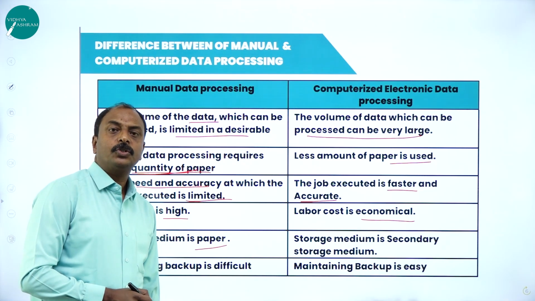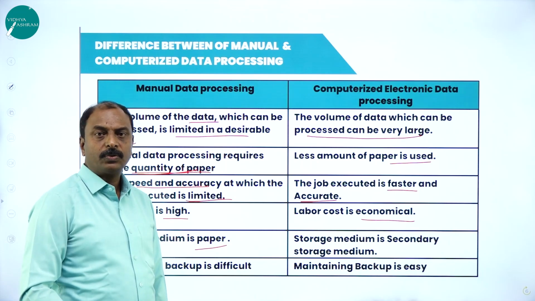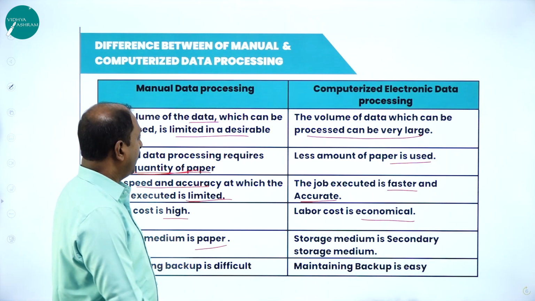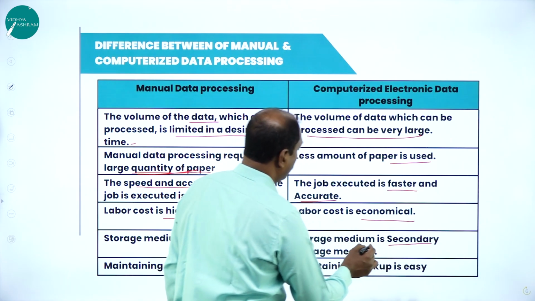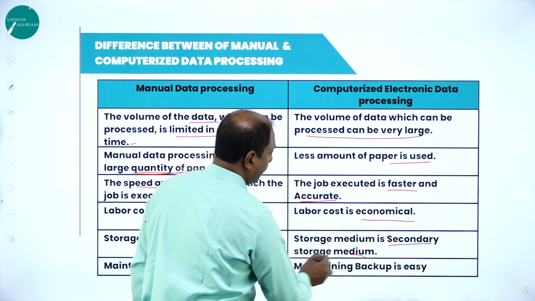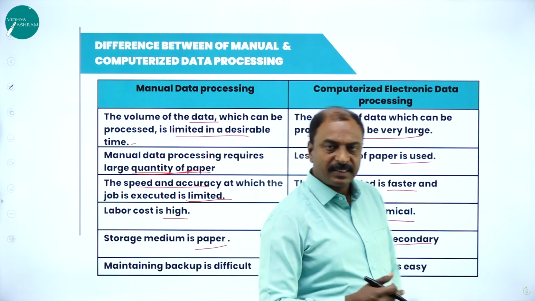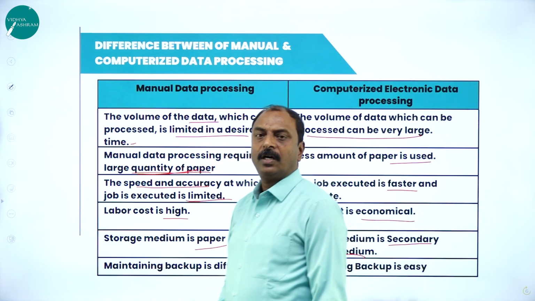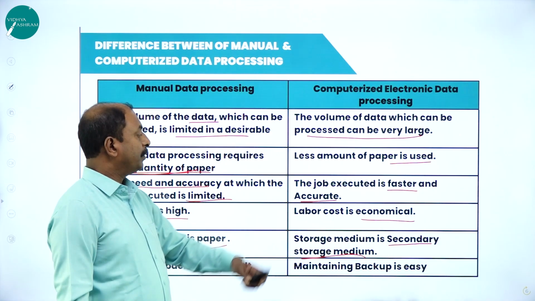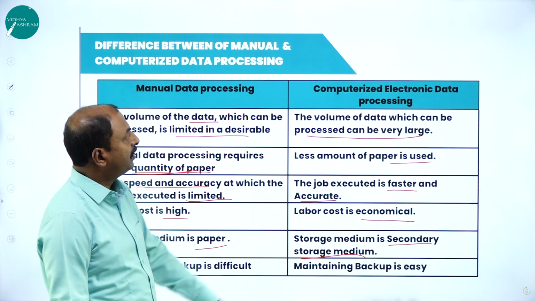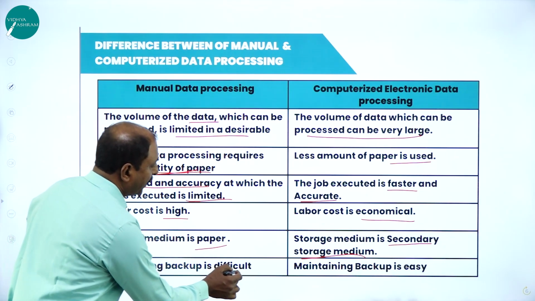All the data used to be stored on papers in the form of accounts, ledgers, so many books. And with respect to computers, the storage medium is secondary memory devices in the form of floppy, DVD, CD, and so on, or portable devices. So nowadays we are using secondary memory devices as a storage medium with respect to computers.